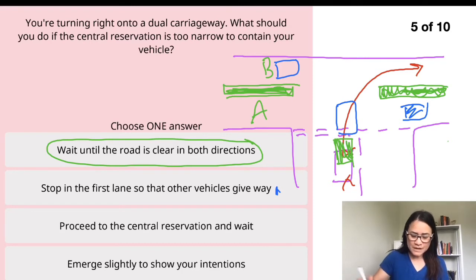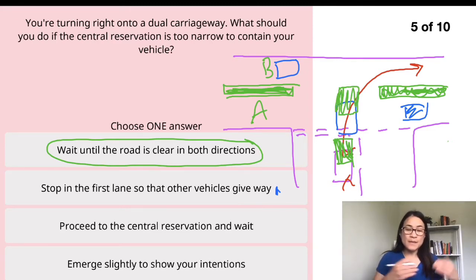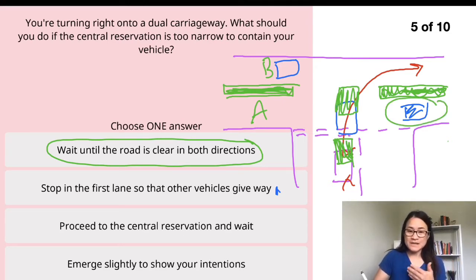They ask you to stay in the middle in the central reservation, but it's too narrow, so the back of your car is still sticking out into the road. Again, this makes it difficult for this car, because it's tempted to go behind you, and if you do not have enough space, you're blocking the road.